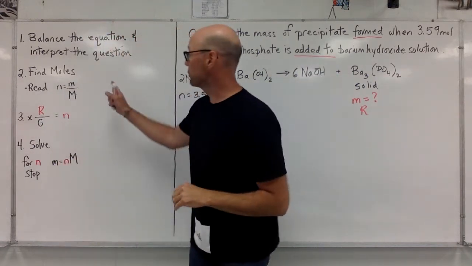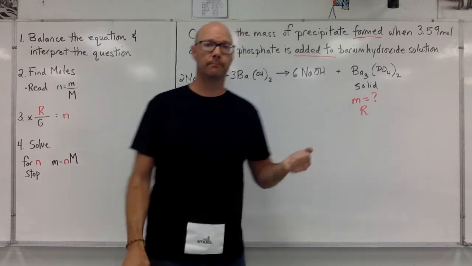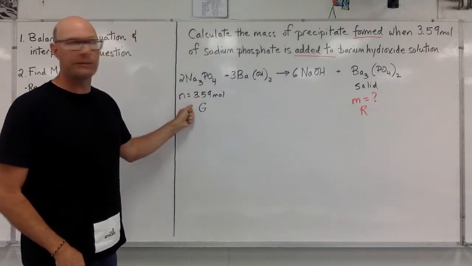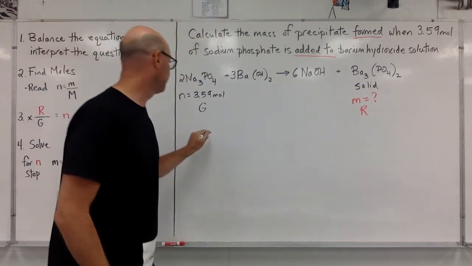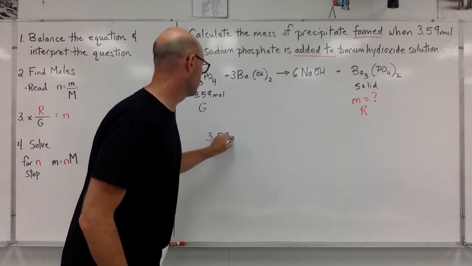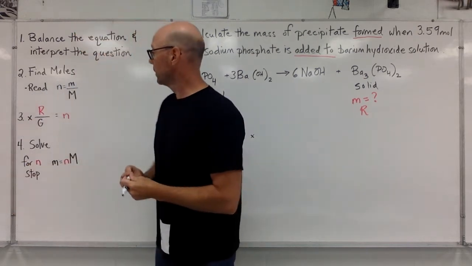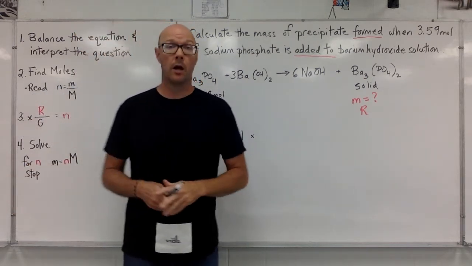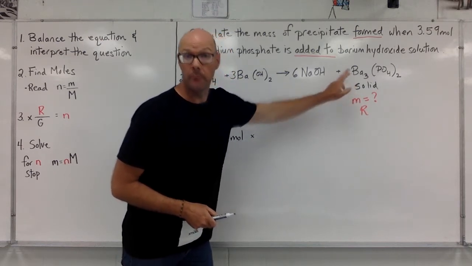Now, let's find moles. Are we doing mass over molar mass, or can we find the moles by reading? Boom. 3.59 moles, it's right in the question. 3.59. Now we're going to multiply by R over G. R, the balancing number of what we're looking for, has a 1.